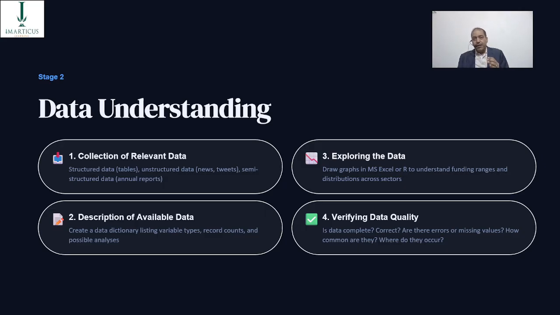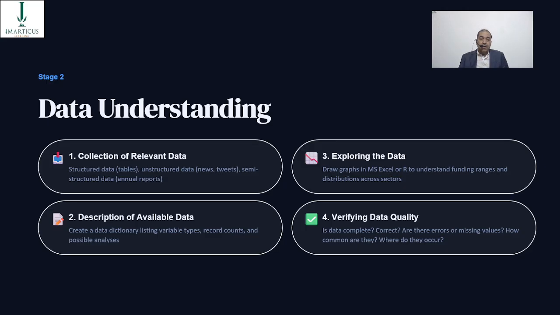Only that data that is required for our analysis, we will collect only relevant data. Data may be structured or unstructured. It will help us to understand the investment across all the different sectors. If the data is unstructured, then it may be in the form of news articles or Twitter feeds about acquisitions.